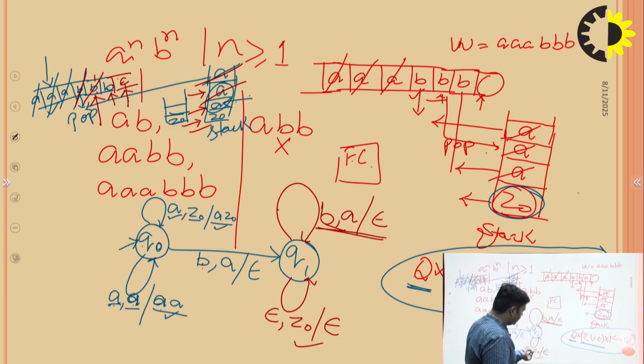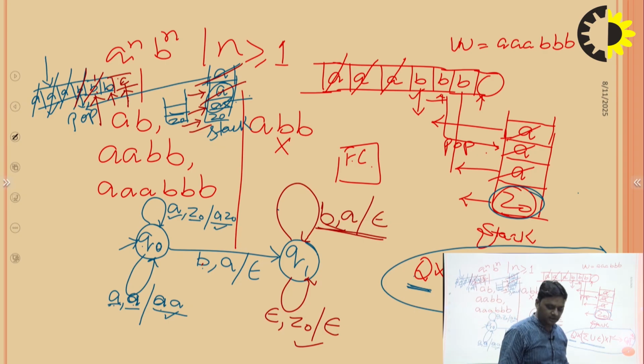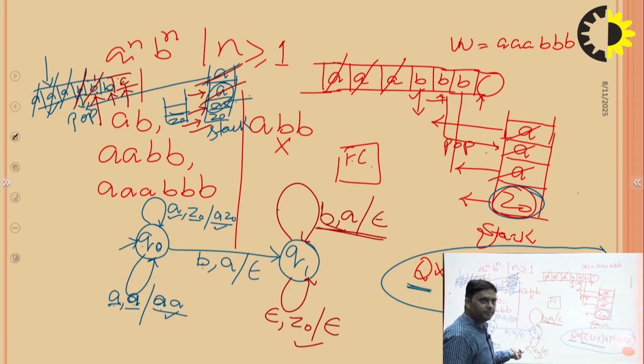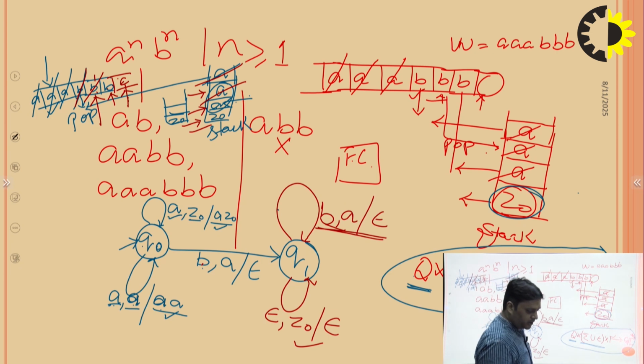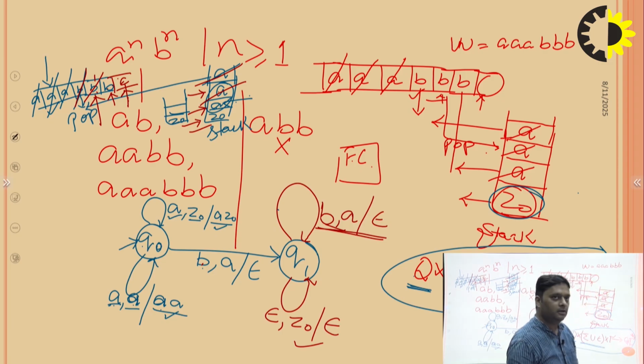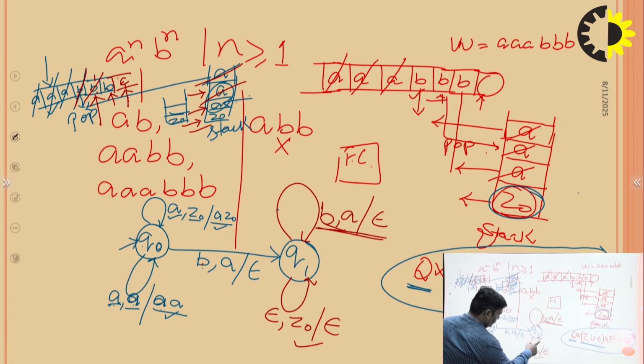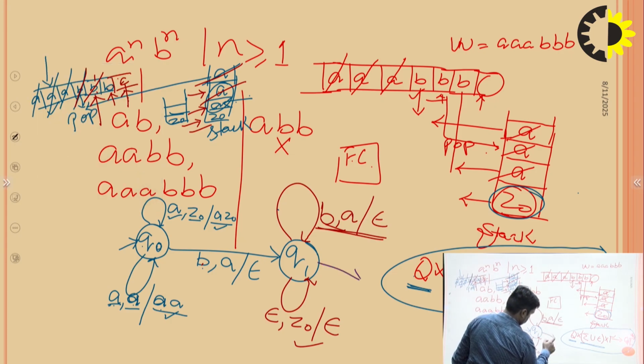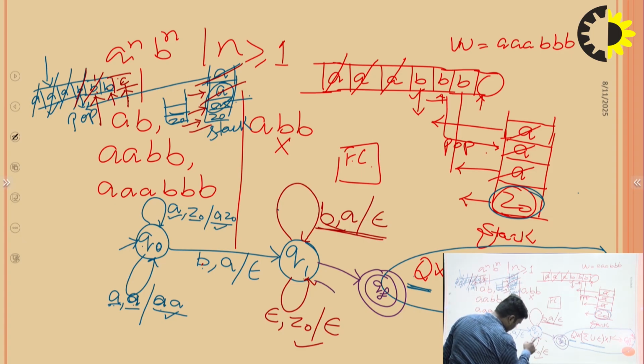We can accept this with the help of a final state also. Here, without a final state, it accepts with the help of an empty stack. If we put it, we can use the final state QF in place of this.